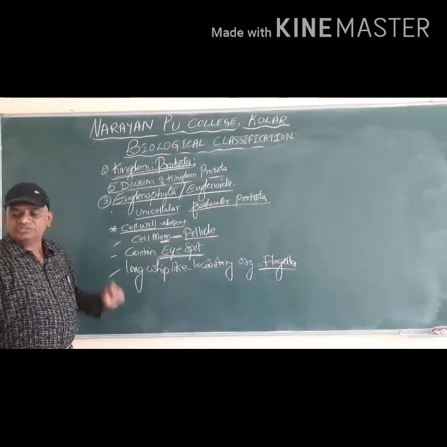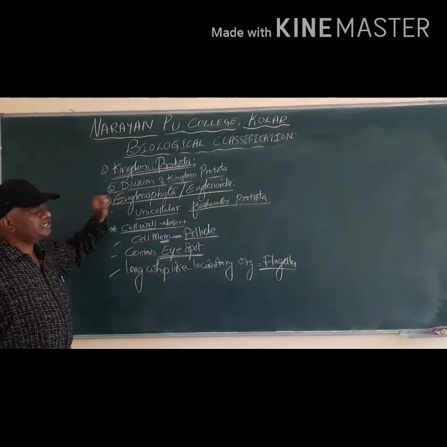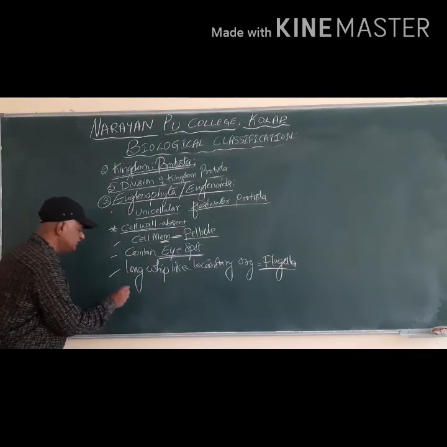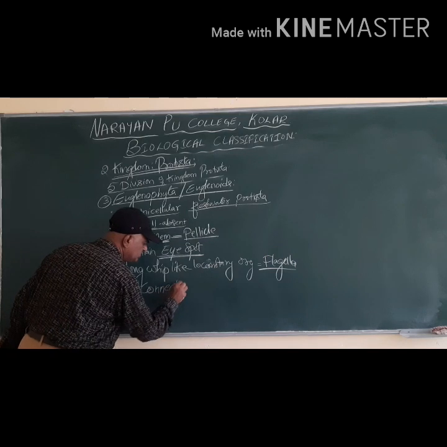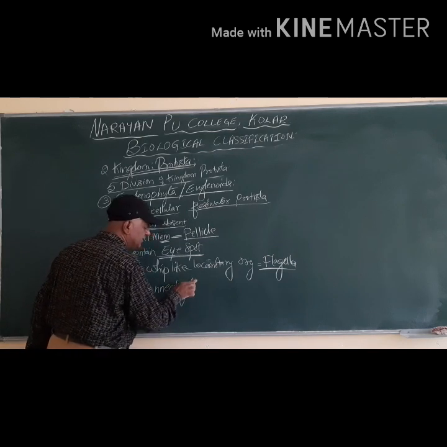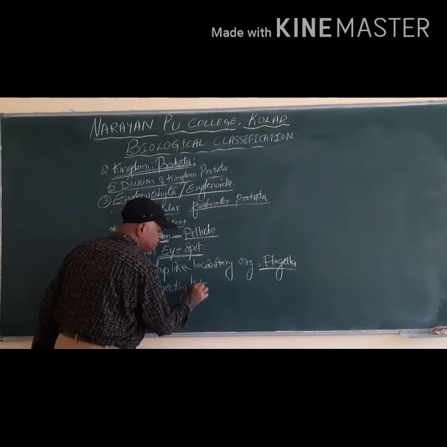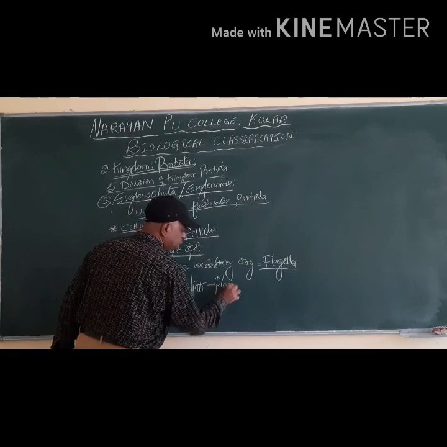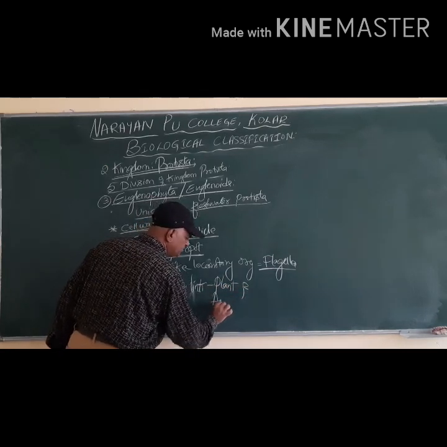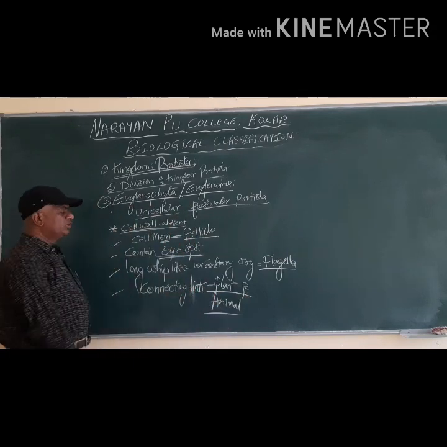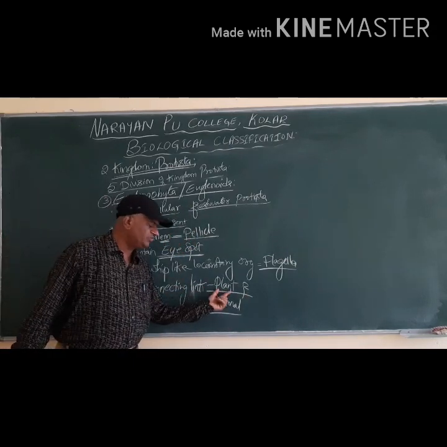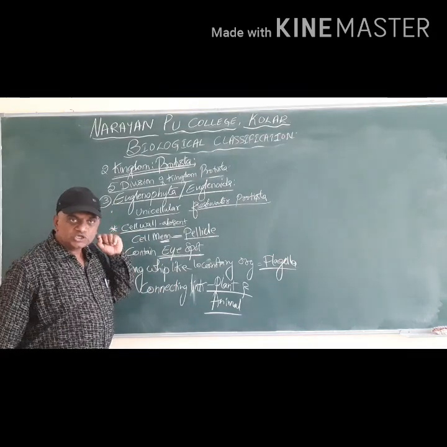Next, euglenoids are also called a connecting link between plant and animal, because euglena has a green pigment called chlorophyll.